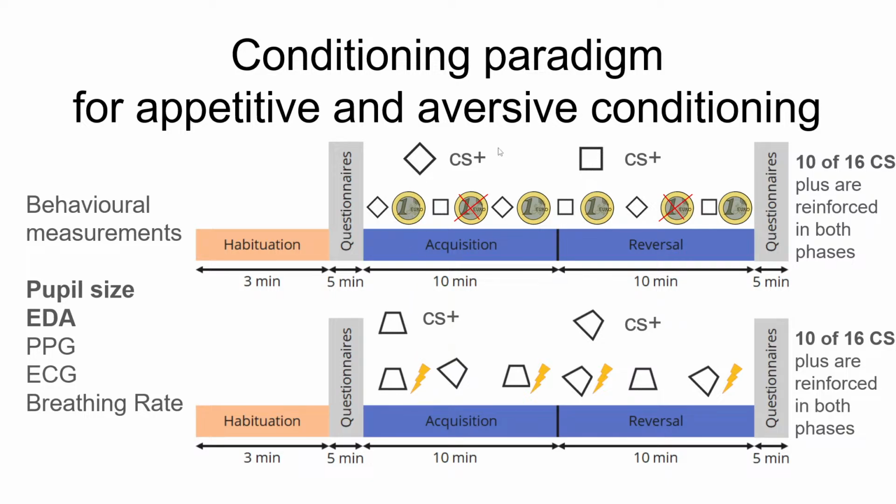The money or electrical stimulation by themselves cause physiological arousal, and during several trials of such pairs, the symbol which was shown before the unconditioned stimulus can cause the physiological response by itself. So that's what is called conditioning, if somebody doesn't know, but probably all know. So that's the conditioning.